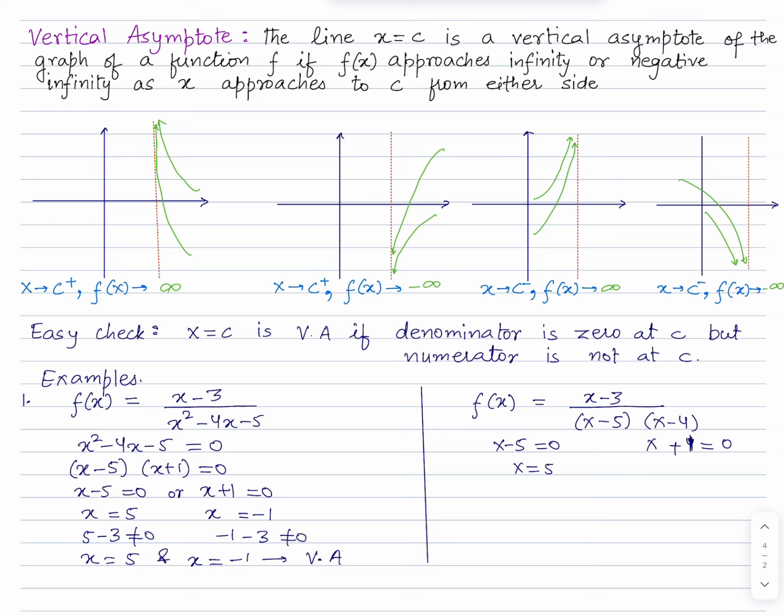Sorry, x plus 1. This was x plus 1. So x equals -1. And then these are your vertical asymptotes. Okay.